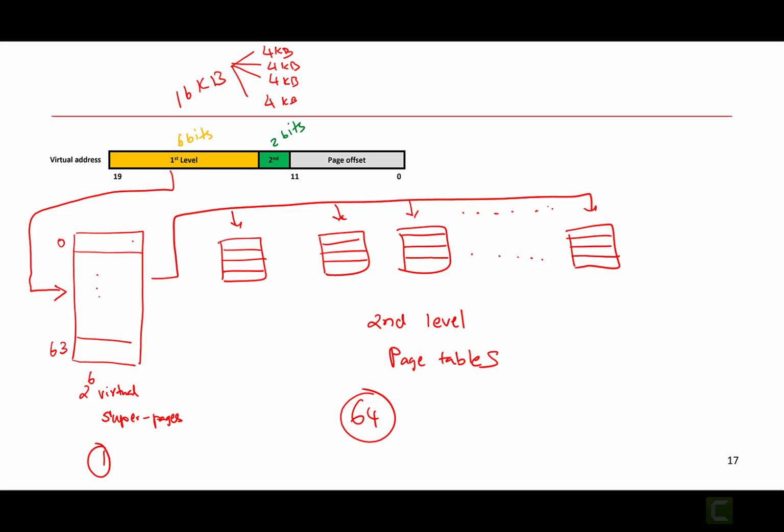Okay, and in order to figure out which entry that you should get from your second level page table, I would use these 2 bits for that. So there are 4 entries in your second level page table, and I can use the 2 bits from my virtual address to select my small page within that super page.